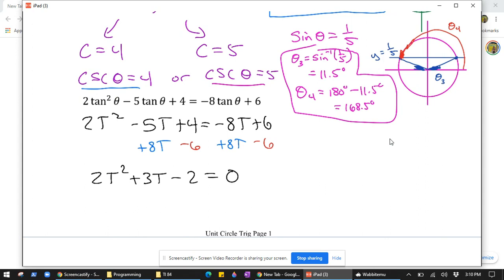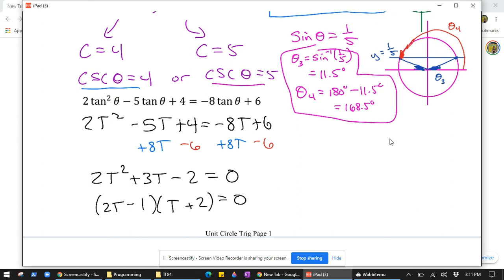So we're back in the case where we need to factor. After a little bit of thinking, I think you should be able to get that this factors to (2t minus 1)(t plus 2). You can double check that. I think that's right.